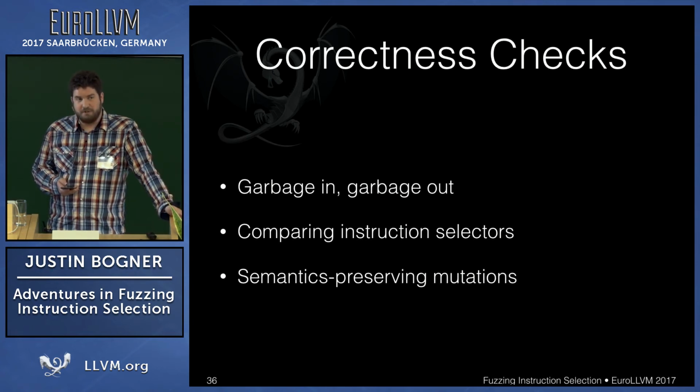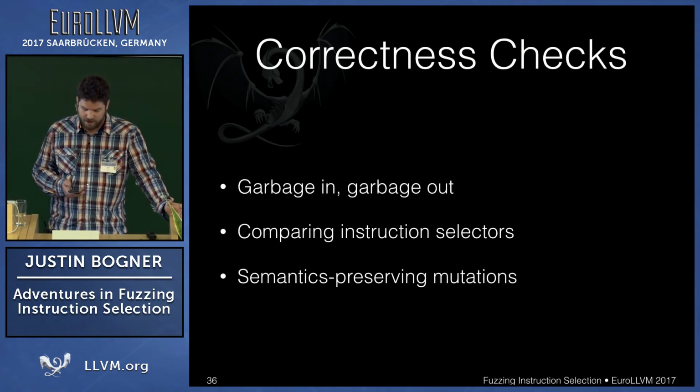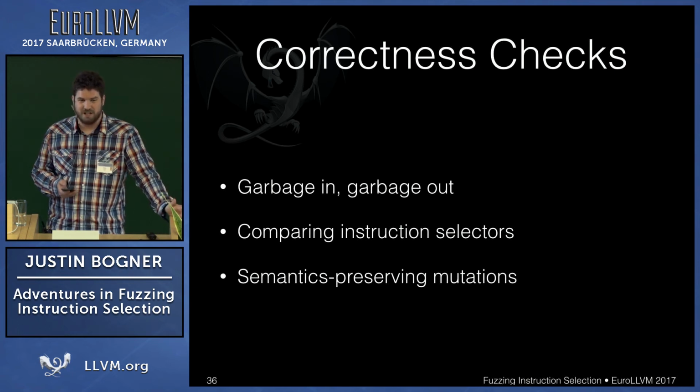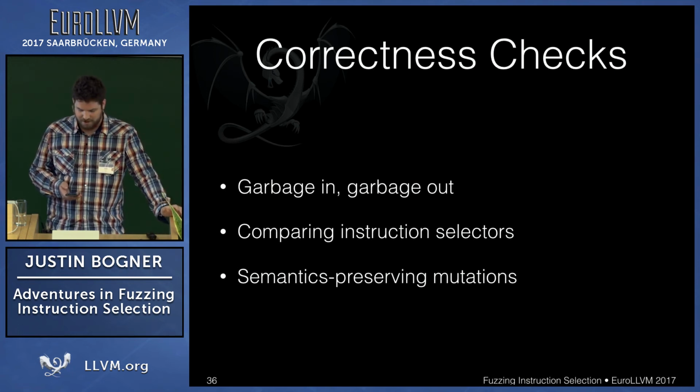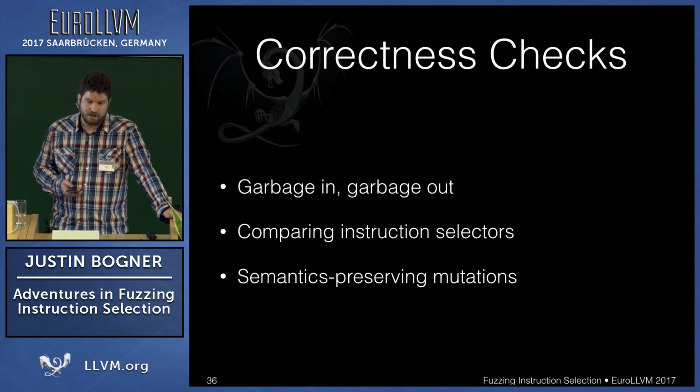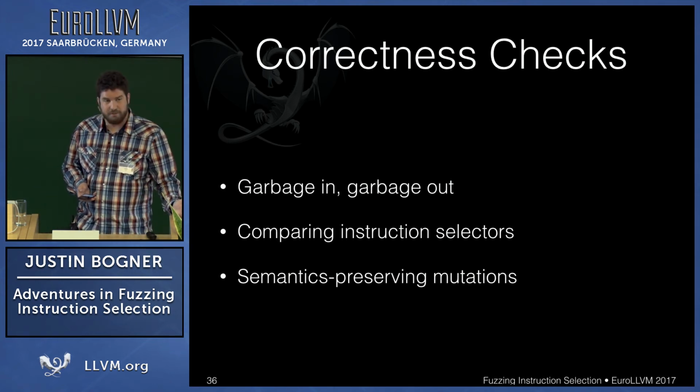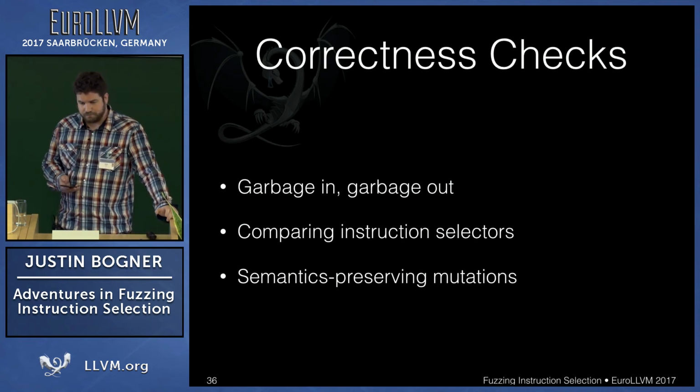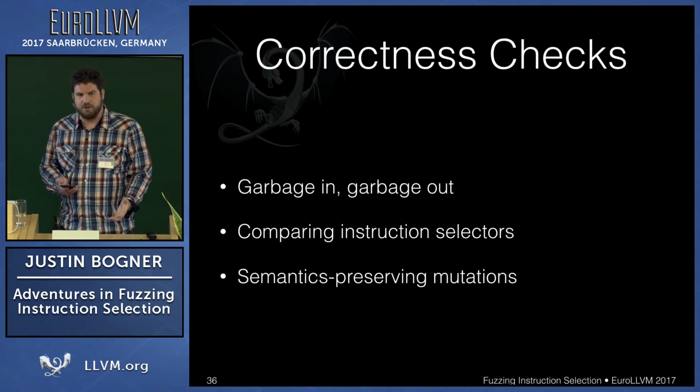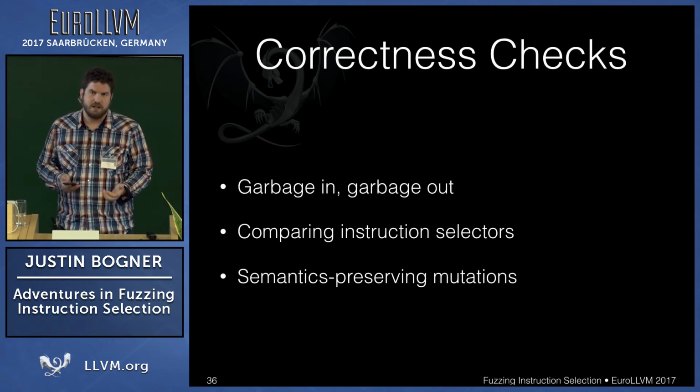So we have experimented a little bit with writing kind of a diff tool that can paper over this kind of difference, but there's a lot of work to be done there for that to really be fruitful. The other approach to correctness checking is to do something like they've been doing in GLFuzz, or graphics fuzz as they're calling it now, where basically you just constrain your mutations to be only ones that don't change semantics.